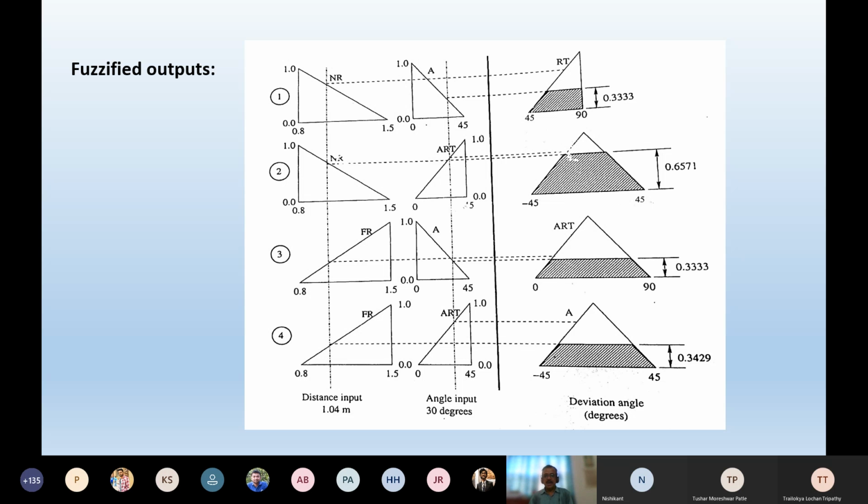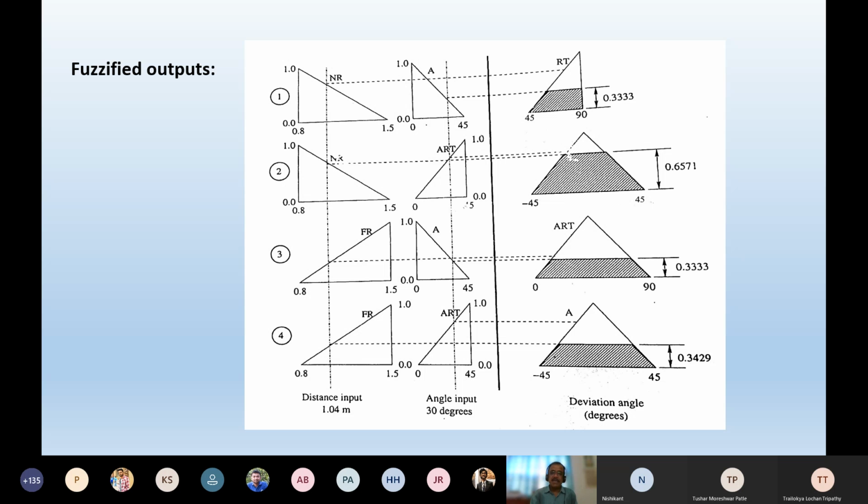Now you see, I have got individually the output of all 4 fired rules. Now I'll have to combine. If I combine these 4 fired rules, I'll have to superimpose. So all such truncated areas shown by the shaded portion will have to be superimposed using the principle of union, that is the logical OR operation.